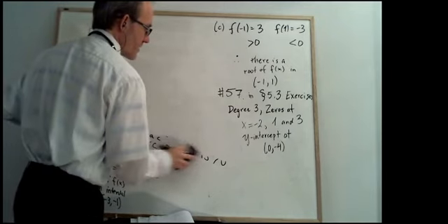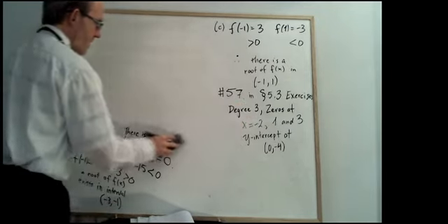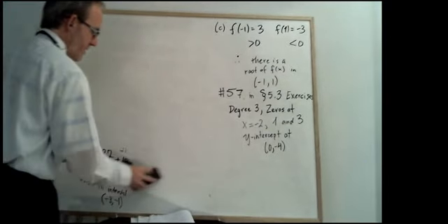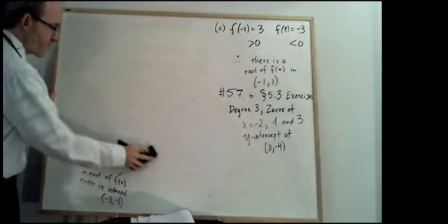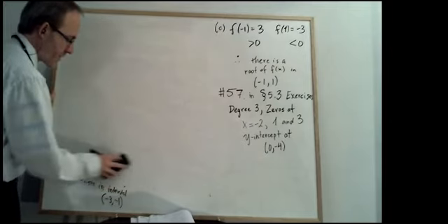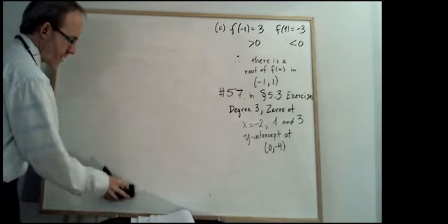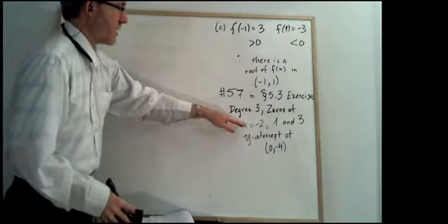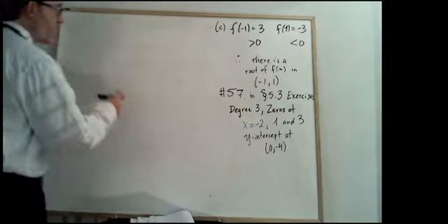Okay, so if it's degree 3, first of all, then you can have at most 3 roots. Some might be repeated, but we're given 3 different roots. So therefore, 3 different roots tells us that each root must have multiplicity 1.